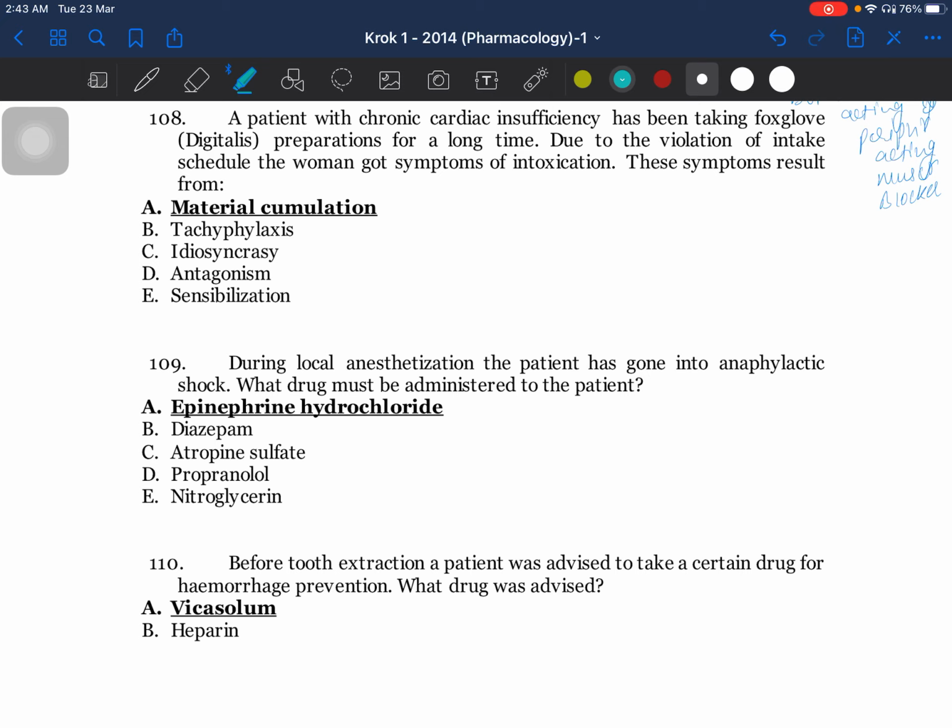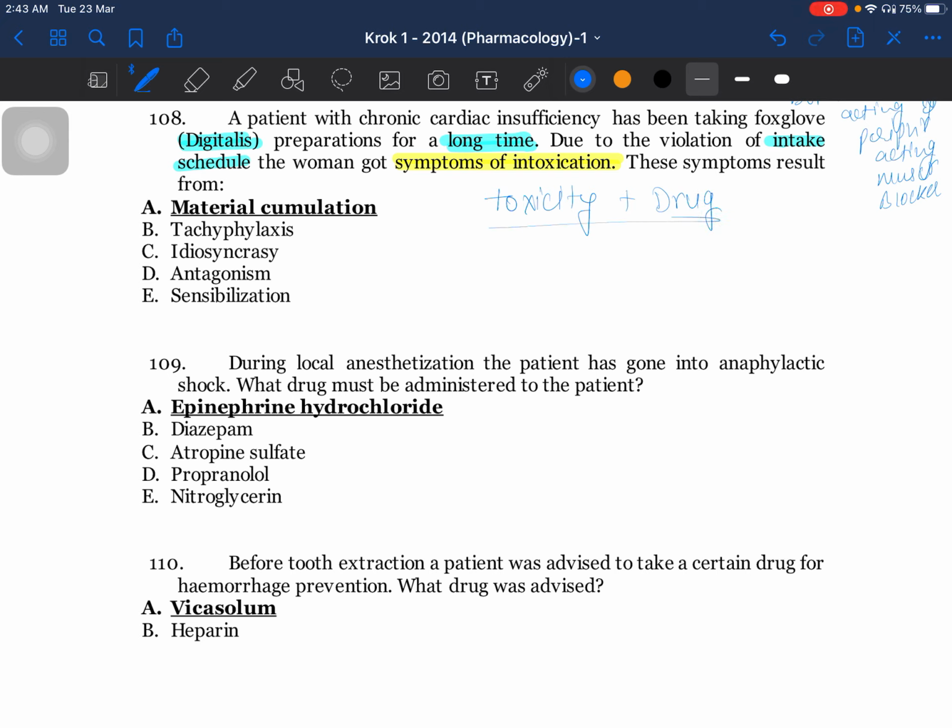These symptoms result from... this question also we have discussed earlier, that a patient is basically taking a drug for a long time. That resulted in the disturbance of the intake schedule, and the woman got the symptoms of intoxication. So basically the patient got toxicity with the presence of the drug.